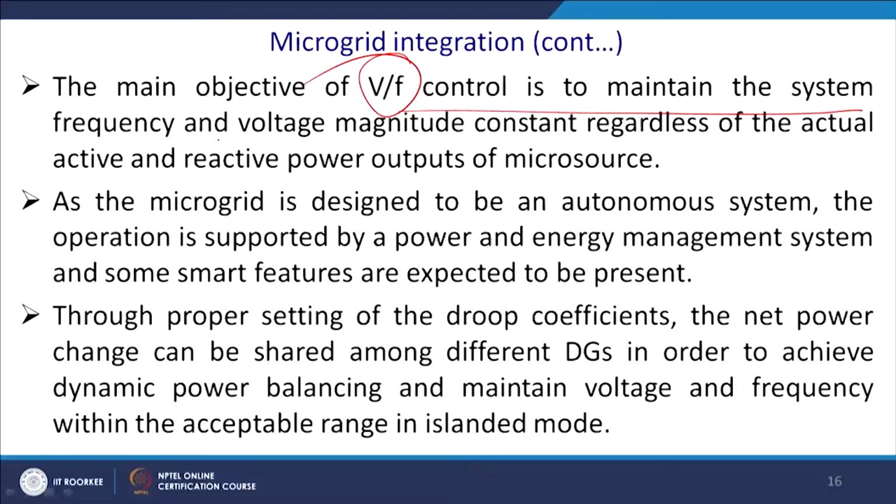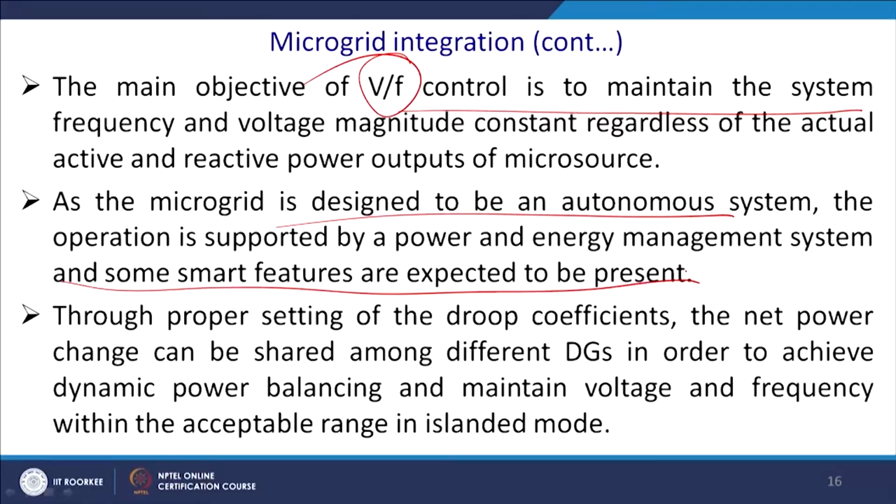Then you may go for the PQ control and we require to switch over. As the microgrid is designed to be an autonomous system, the operation is supported by the power and energy management system, and some smart features are expected to be present.